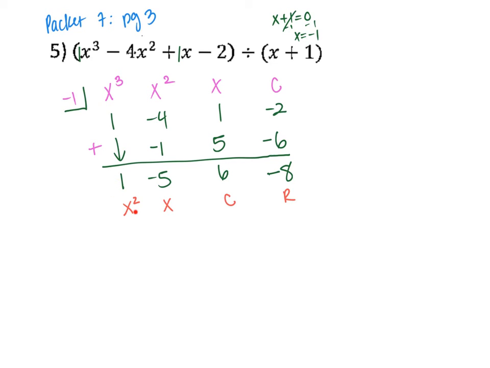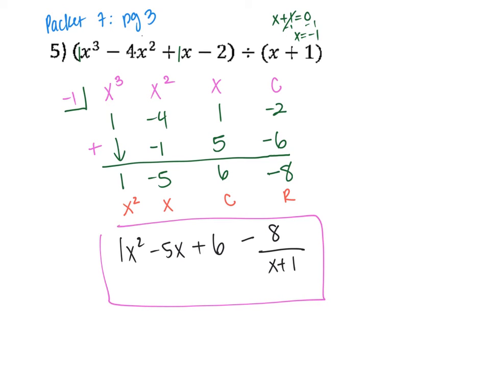So this is going to be 1x squared - 5x plus my constant, which is +6. And -8 is my remainder, so you always put the remainder over what you divided, which was x plus 1. So x plus 1 goes in this bottom. And there we go. We have our expression after we've divided.